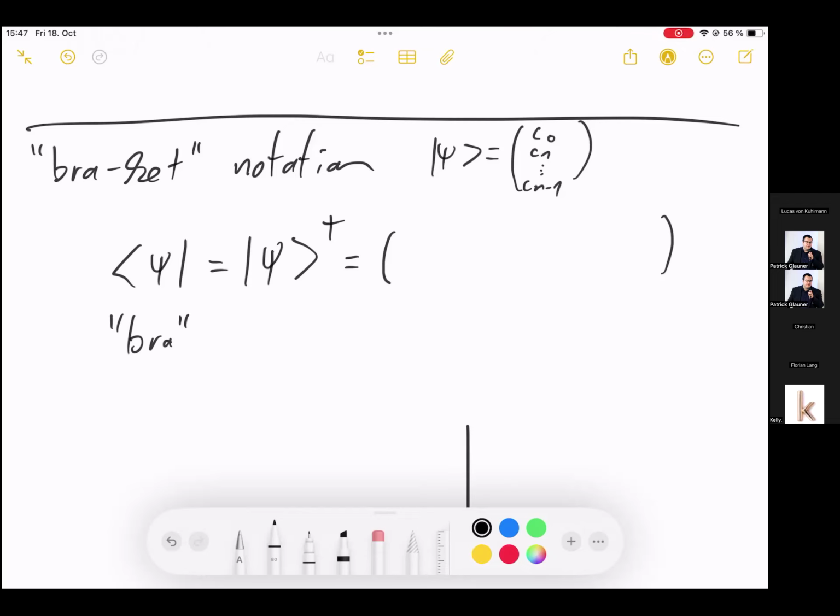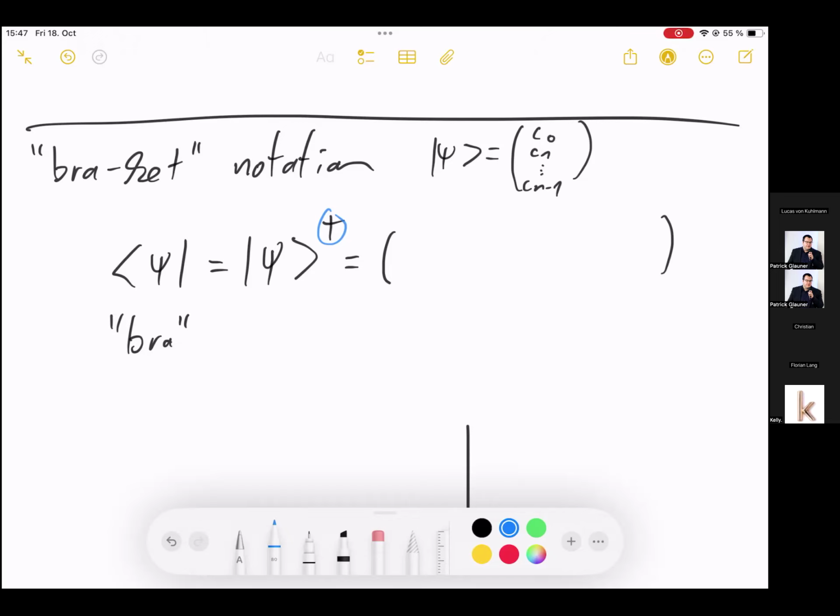because we've seen the dagger operation and we saw that one of its two steps is the transpose of a matrix. If you transpose a column vector, you're turning the column vector into a row vector, and vice versa, because a column vector is just a matrix with one column.